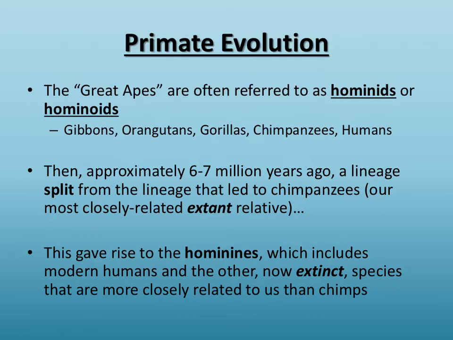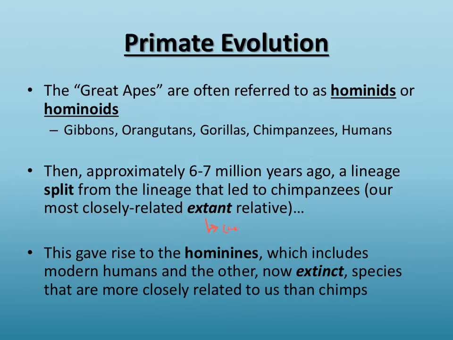And then humans. Now, we believe that 6 to 7 million years ago, again, huge scope here, a lineage split from that common ancestor to become chimpanzees, which is our most closely related extant relative.